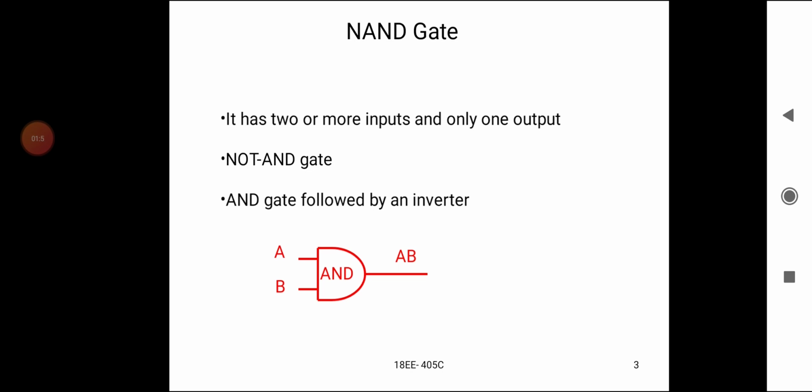The output is Y equivalent to A dot B. Immediately it is followed by an inverter, or NOT gate, so we get AB complement. So the NAND gate output is, if A and B are inputs, Y equivalent to AB complement.